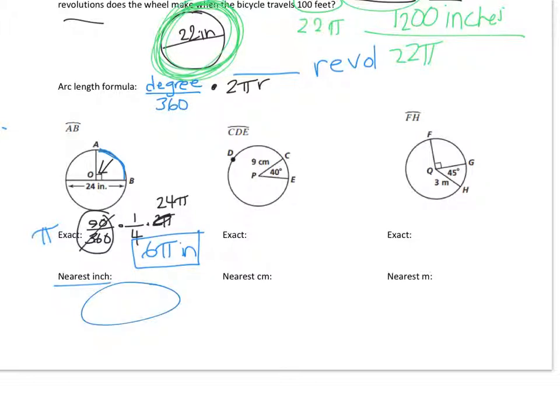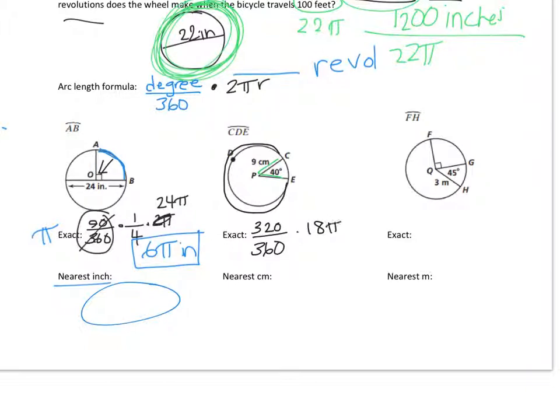So next one is the arc CDE, the length of the arc. So this degree of the arc is everything around a circle but 40 degrees. So 360 minus 40 is 320. So it's 320 over 360 times 2 pi r. So it's going to be 18 pi.